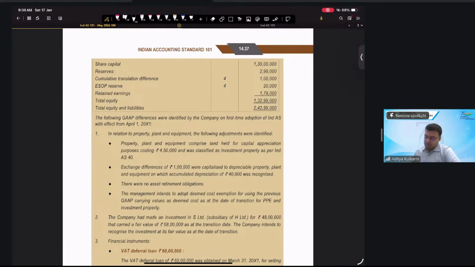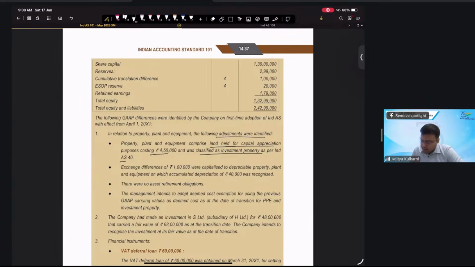The following GAAP differences were identified by the company on first time adoption of Ind AS with effect from 1st April 20X1. In relation to property, plant and equipment, the following adjustments were identified. PPE comprises of land held for capital appreciation costing 4,50,000 and was classified as investment property under Ind AS 40.